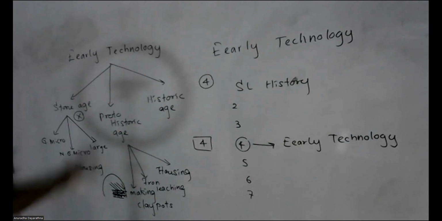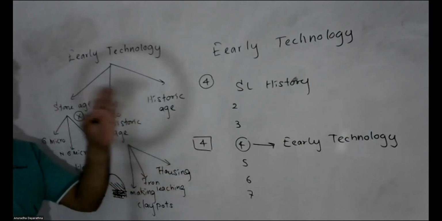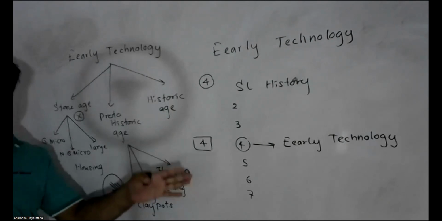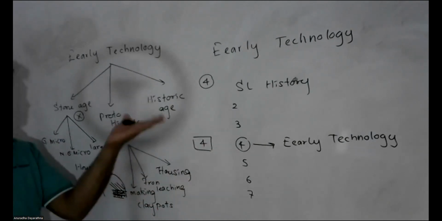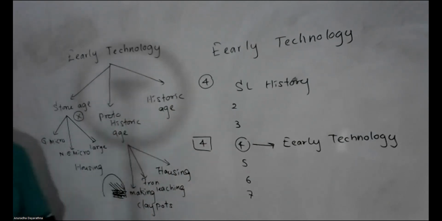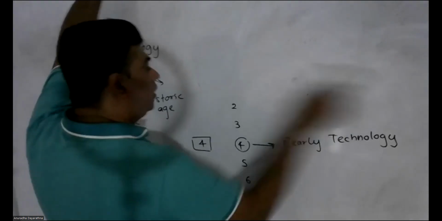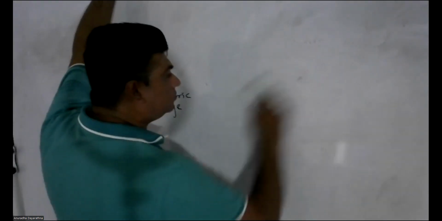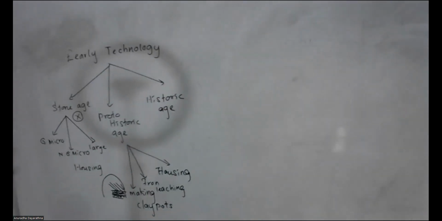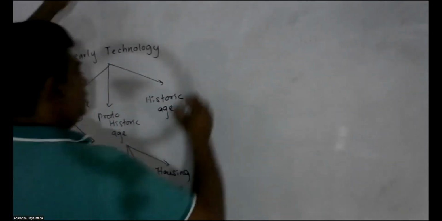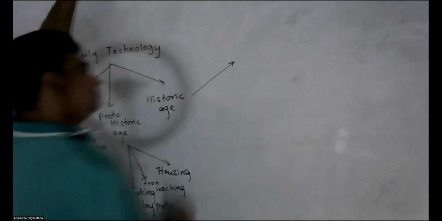Today I have taken something very important, regularly given in the exam for the fourth question, that is about the technology of the historic age. When we take the historic age technology, what is the major thing that you should know? That is the time period of the kings.